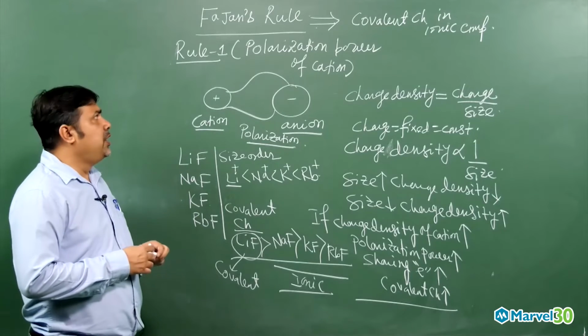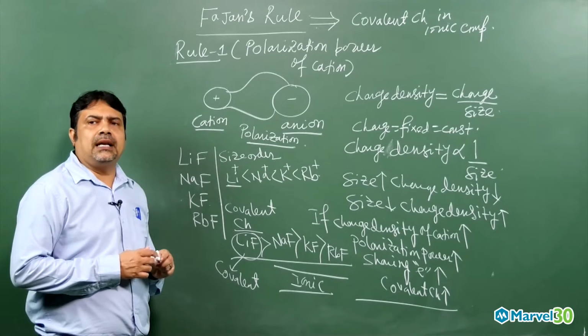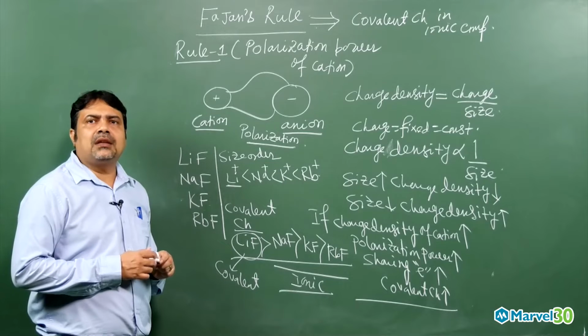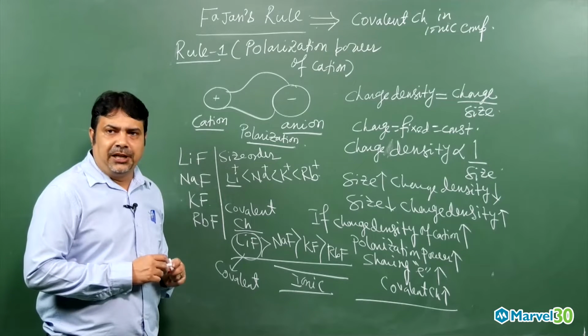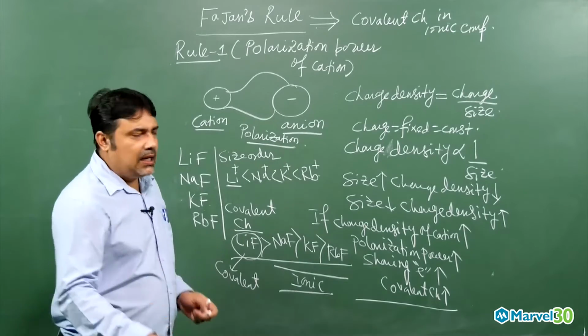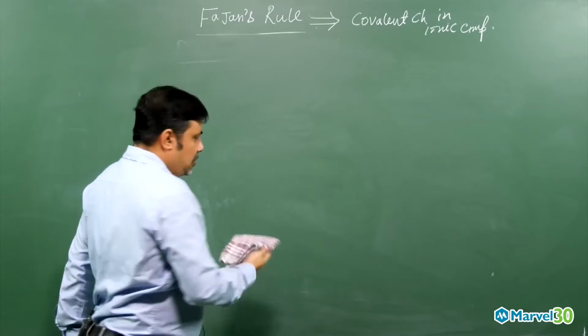The next rule is nothing but a rule related to polarizability or the size of the anion. Let us focus on the next rule, polarizability or size of the anion. Rule 2.